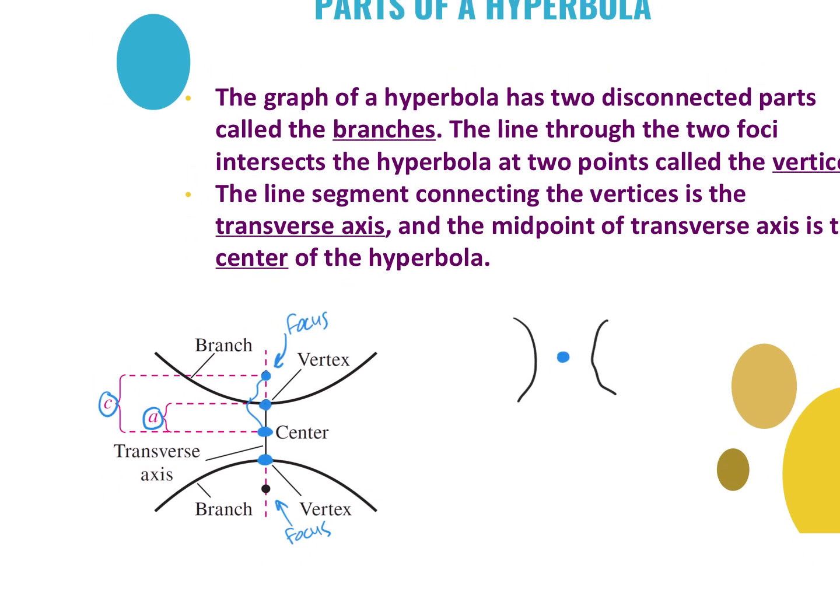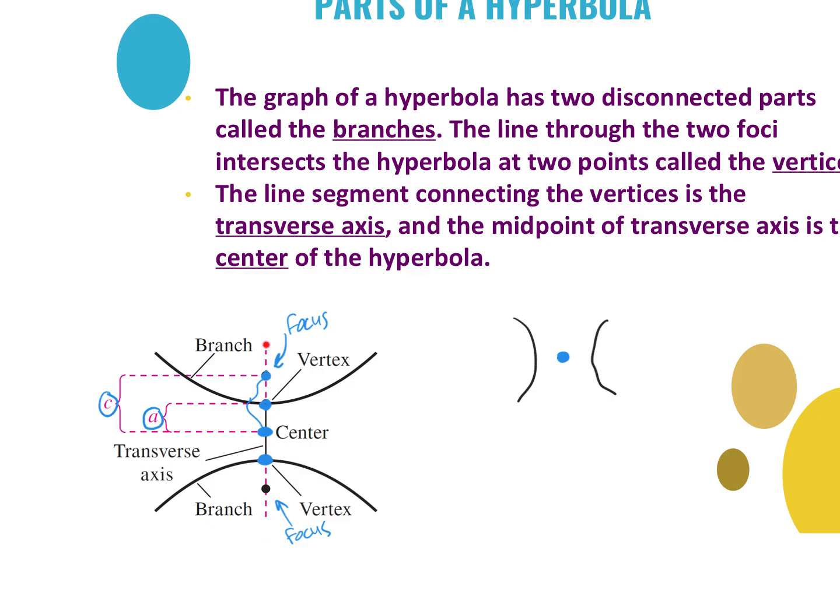I'll explain that in a second, but some other things that you should know, you have this right here called the transverse axis. The transverse axis just connects your two vertices, and that's where your center is. Your center is directly in between them. So a couple things lie on this line right here.